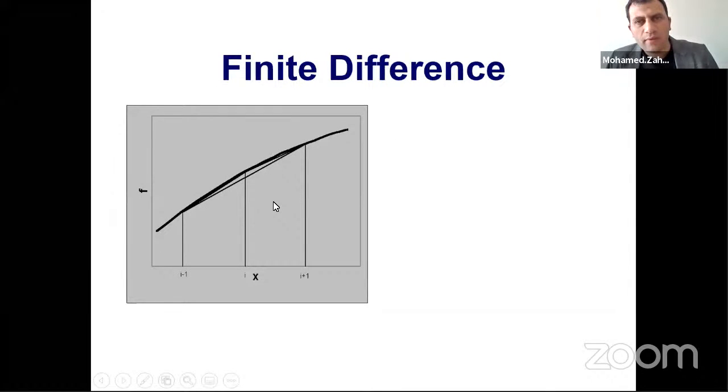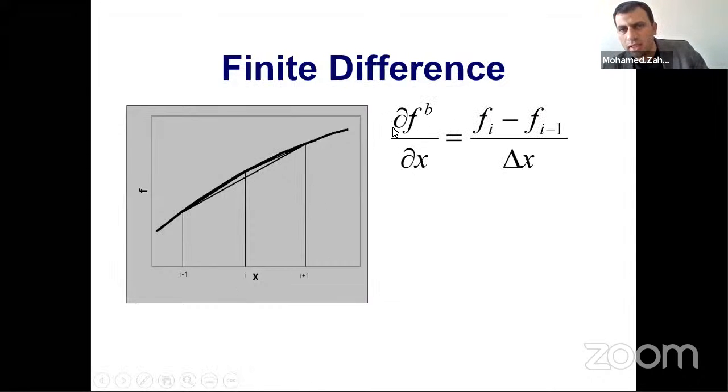I can show you in a second how, starting from the first derivative. If you have a change in function f over distance x, you can calculate it by subtracting the value of function f at location i minus f at i minus 1, which is the point before, divided by the distance.